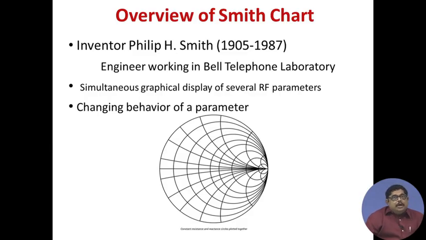One important equation is just displayed graphically, and so several RF parameters are graphically displayed in this tool. And also, if you change a parameter, how the other parameters behave, that is described here.